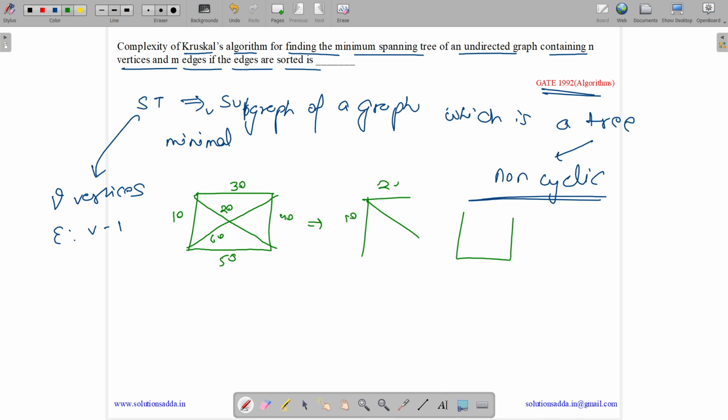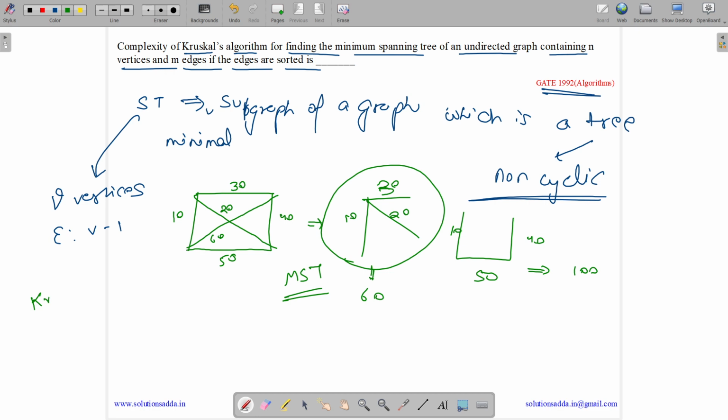This will have cost 10, 20, 10, 30, 20, so its cost is 60, and this one costs 10, 50, 40, so its cost is 100. So finding the spanning tree for which the cost is minimum is called the MST problem. MST can be done either by Kruskal algo or by Prim's algo.